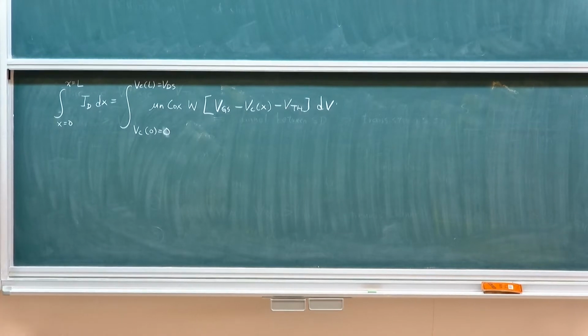Let me write it in. I missed that, I'm missing the drift. So this is mu n dVc/dx. And because there's a minus sign at the beginning from the drift direction of the electron, the minus sign is canceled.